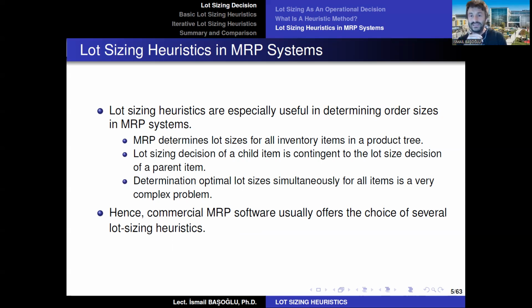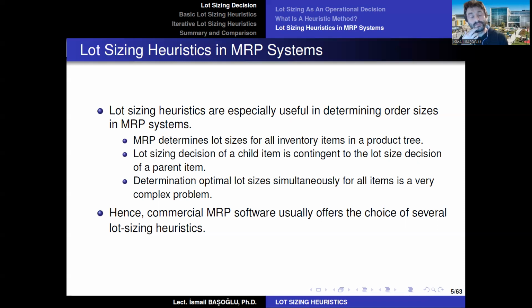We call these children of the parent items. There is this relationship between the children and the parents: in order to create a parent item, how many units we need from each child. These relationships are expressed in the bill of materials by using a product structure or product tree.